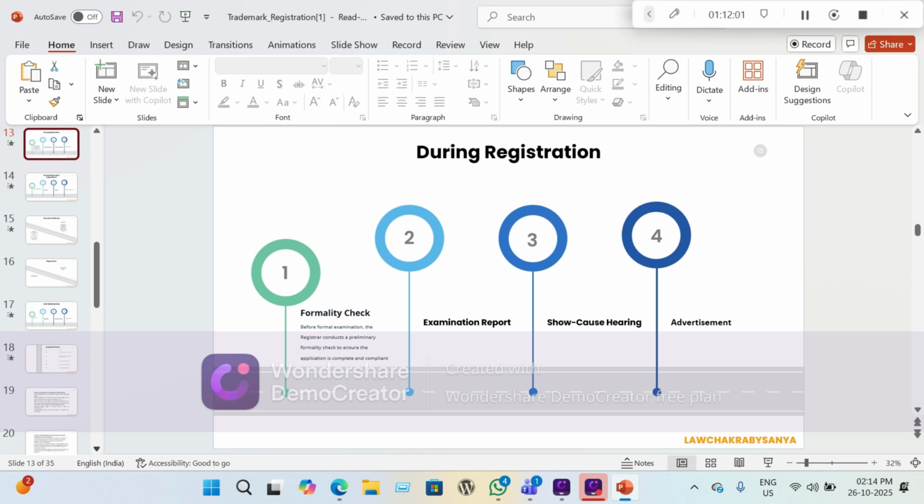For example, if I'm going to sell toffees, and the trademark that I've applied for is toffee, then there is no distinctiveness, and that will definitely get a Section 9 objection.